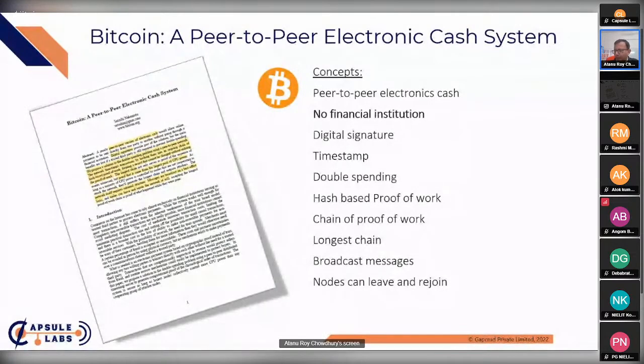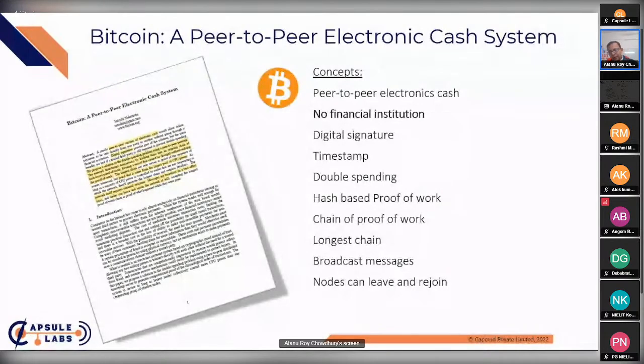So it's talking about a lot of them, but the only non-technical term that you really find over there is financial institution, right? And while it is using the word financial institution, the implication is that there should be no unnecessary intermediary, because that intermediary can become a point of failure, right?